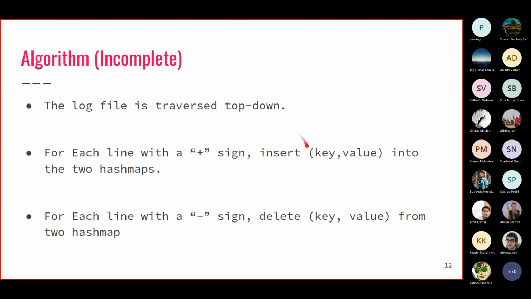Here I'm writing key value because the key and value are different for the two hash maps. Similarly, for each line with a minus sign, we delete the key value from the two hash maps. The algorithm is very simple. Whenever we get a plus sign, we add the entries to the hash map. When we get a minus sign, we just delete the entries from the hash map.